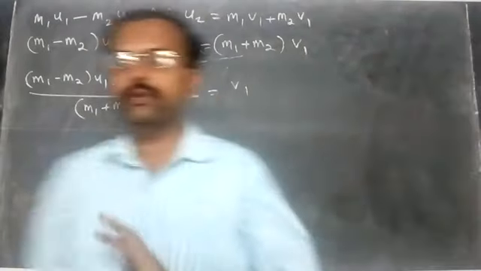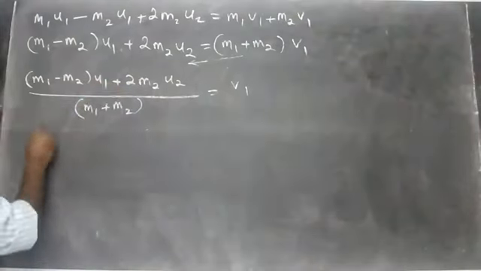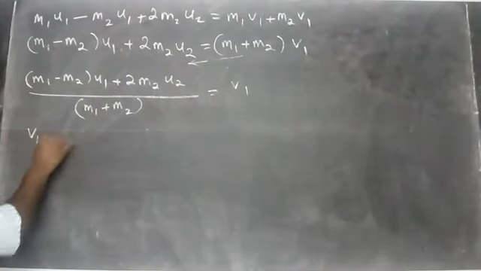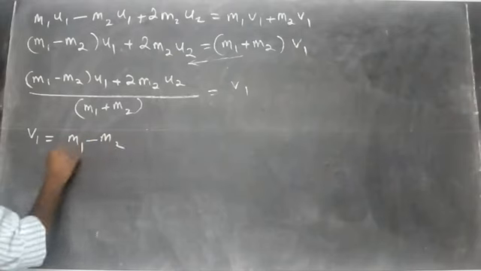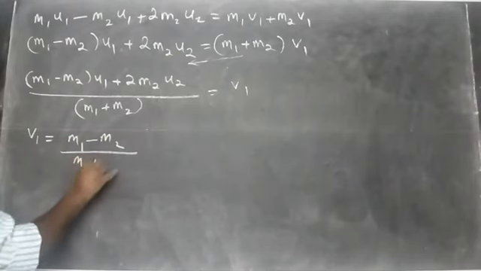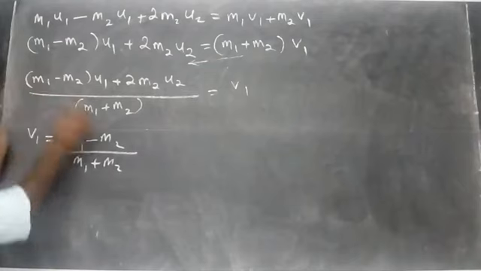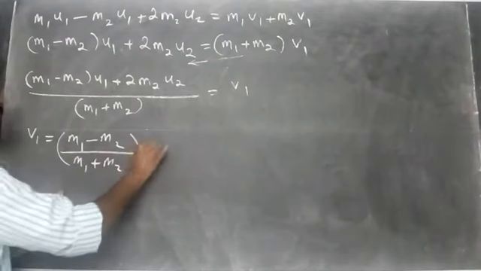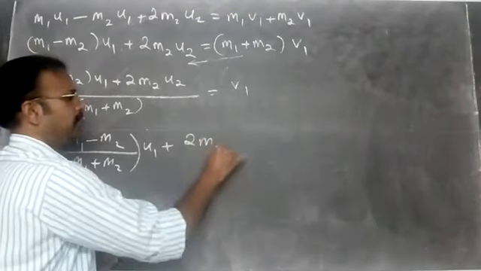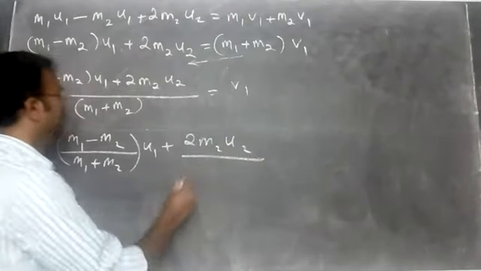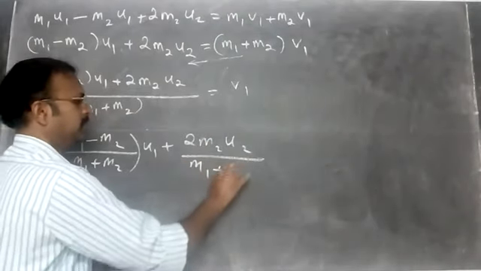Now we just interchange it, flip it. So we get v1 is equal to m1 minus m2 divided by m1 plus m2, into u1, plus 2 m2 u2 divided by m1 plus m2.